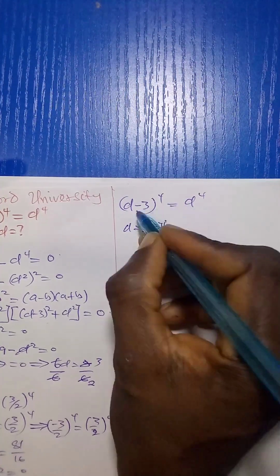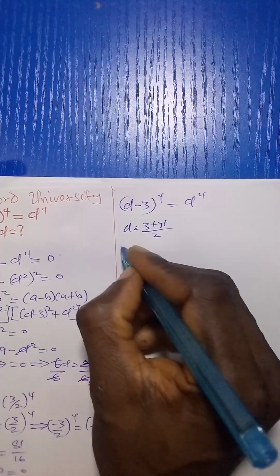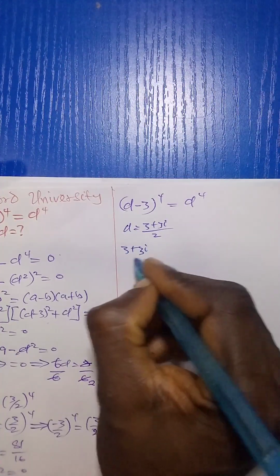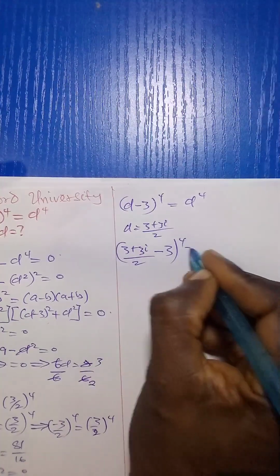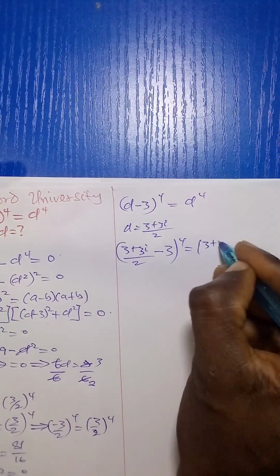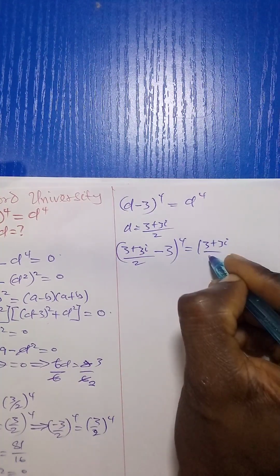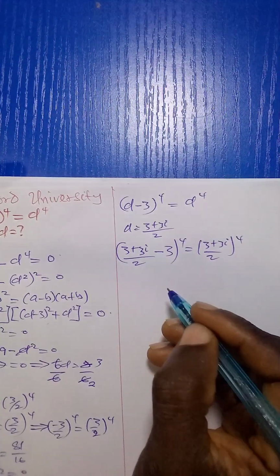Let us see if we are going to get a balanced equation here. So 3 plus 3i over 2 minus 3 all raised to the power 4 is equal to 3 plus 3i over 2 raised to the power 4.